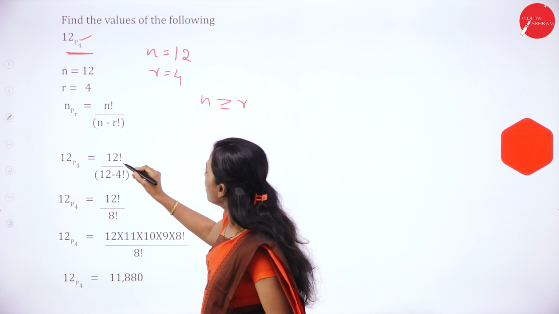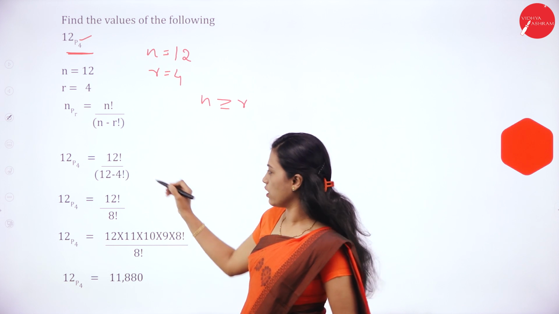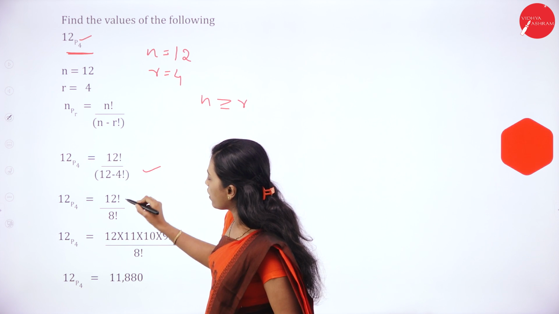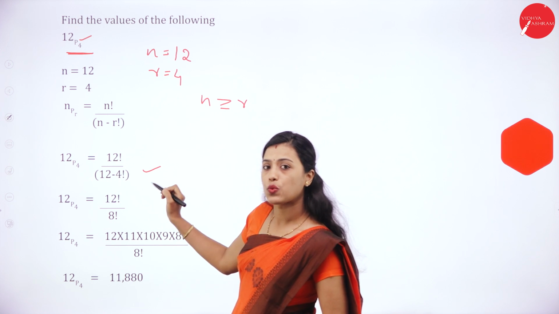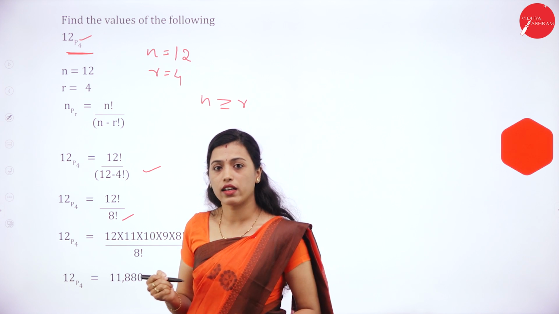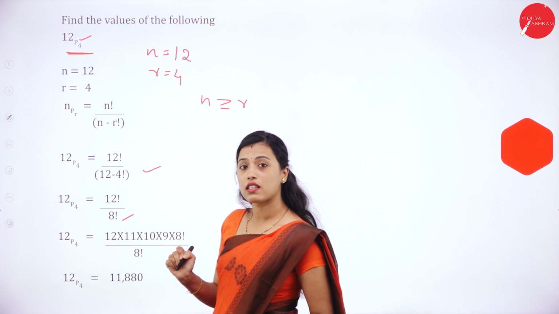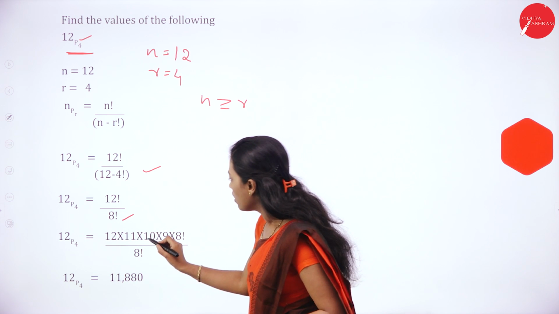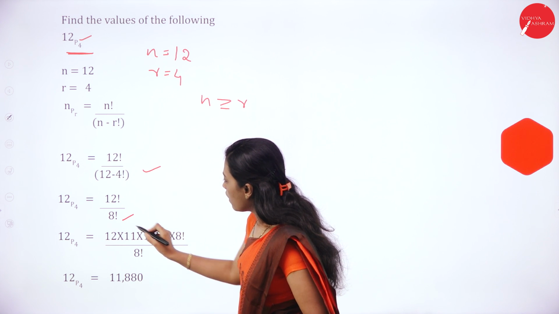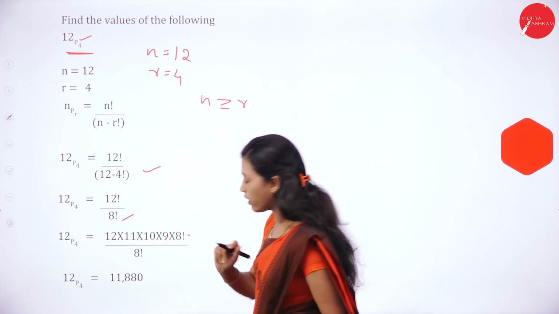12P4 is equal to 12 factorial divided by 12 minus 4 factorial. 12 minus 4 is 8 factorial. So 12 factorial divided by 8 factorial. 12 factorial means 12 into 11 into 10 into 9 into... here the denominator 8 is there, so stop up to 8.